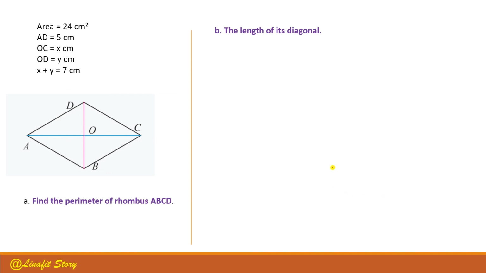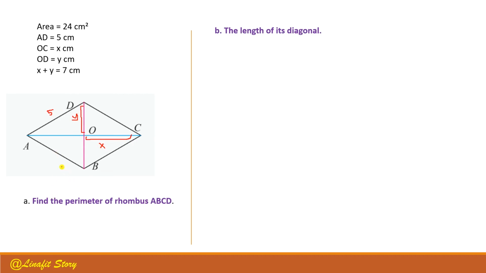Now look at this figure. The area of rhombus ABCD is 24 square cm. AD is 5 cm. OC is x cm. OD is y cm. x plus y is 7 cm.